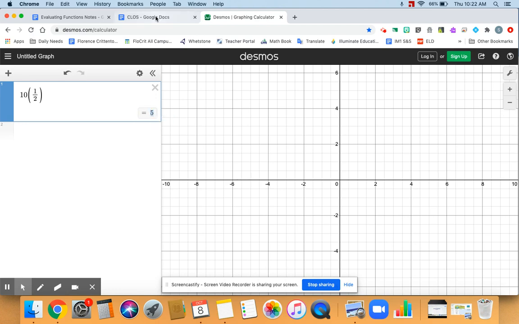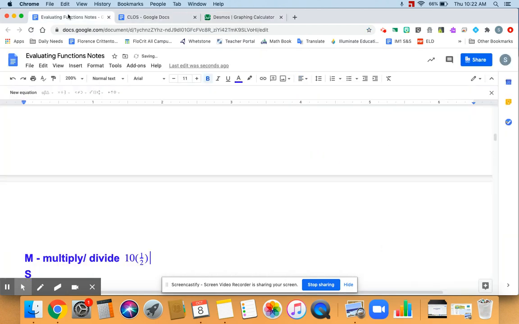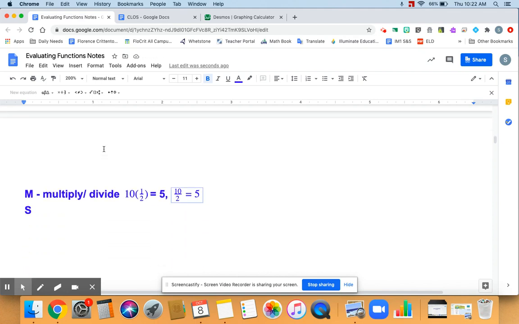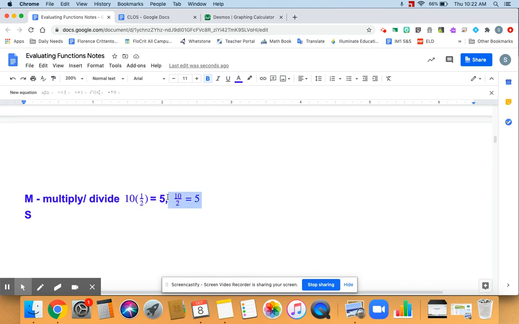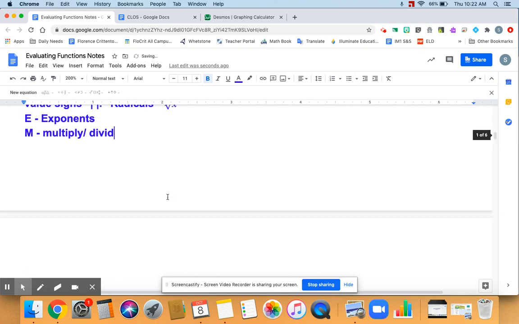So even though I'm multiplying, it went down. But also, 10 divided by 2 is also 5. So all dividing is multiplying by a fraction. So that's the next strongest step in order of operations.